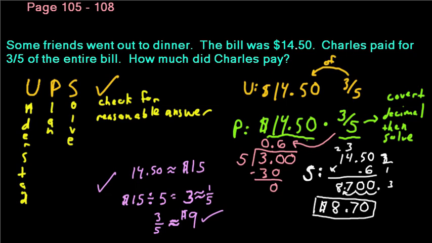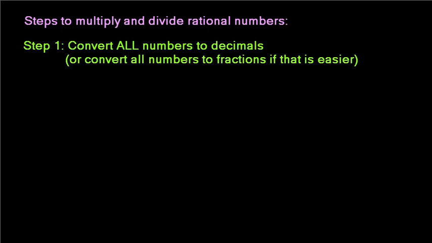So to review the steps for multiplying or dividing with a decimal and a fraction, let's scroll up and see. So, steps to multiply and divide rational numbers. Step 1, convert all numbers to decimals, or you can convert all numbers to fractions if that seems easier, but my suggestion is to convert all numbers to decimals first.